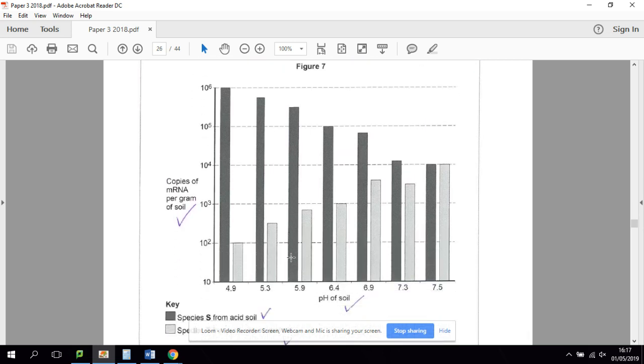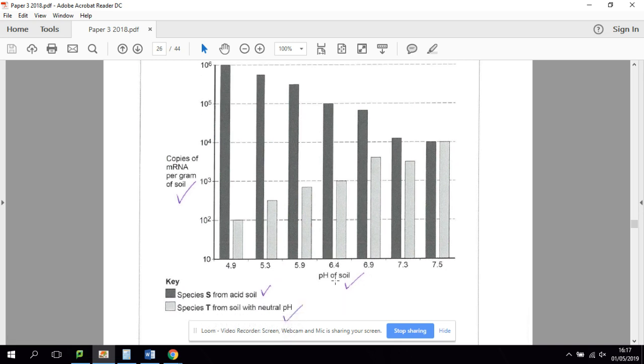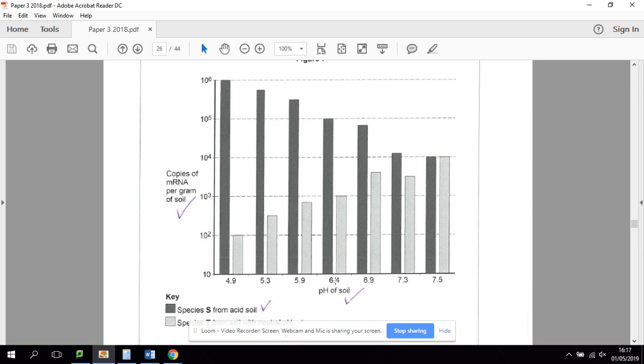So copies of mRNA, this is what they're showing you, soil pH, and the species S and T at those different pHs. What can we clearly see here?